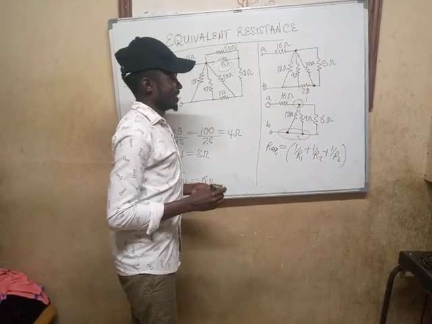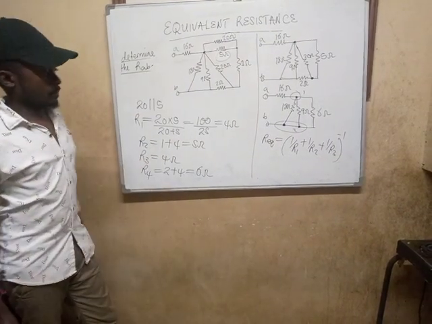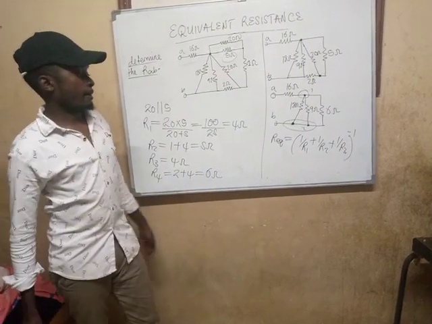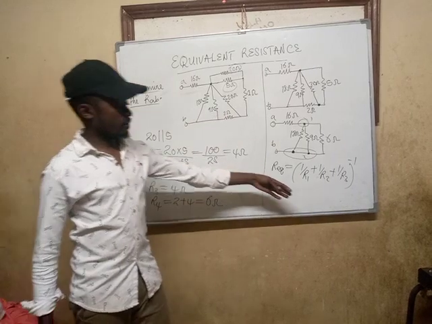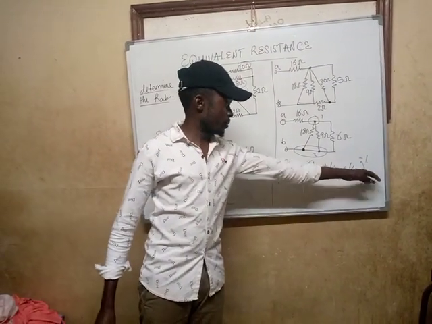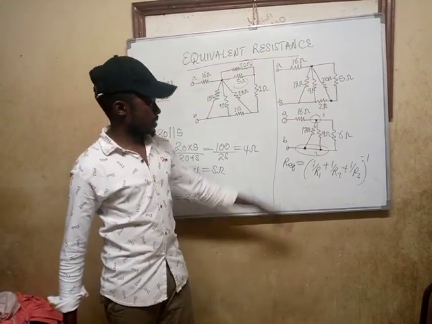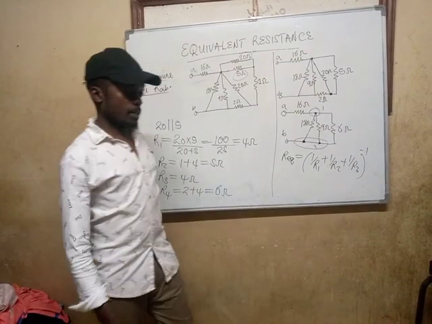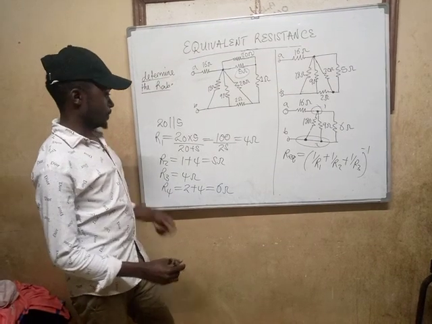That is when you are dealing with more than 2 resistors. If you have 4 resistors, you can add the fourth one. But I'm dealing with 3 resistors being combined in parallel. This is 1, 2, 3. So I ended on R4.